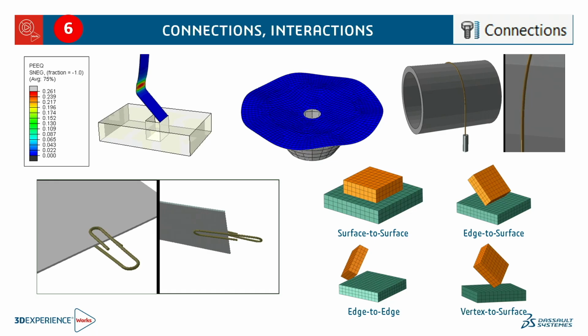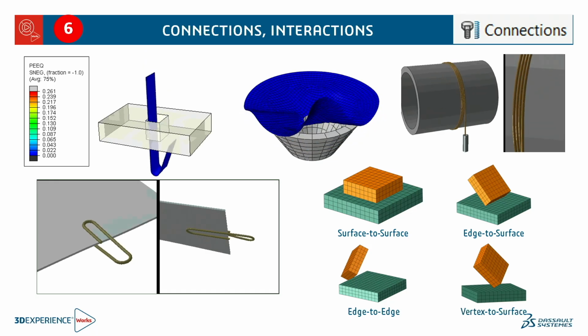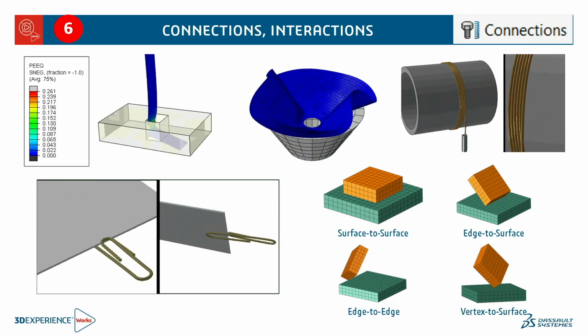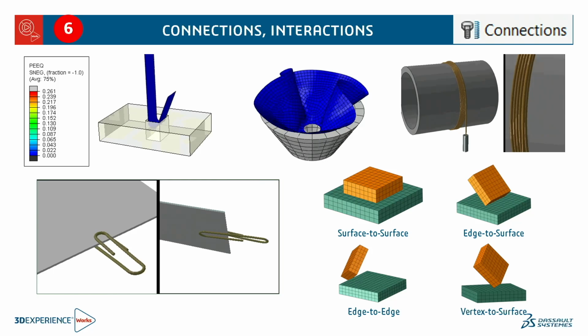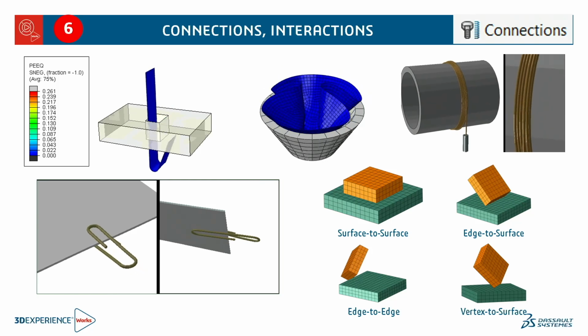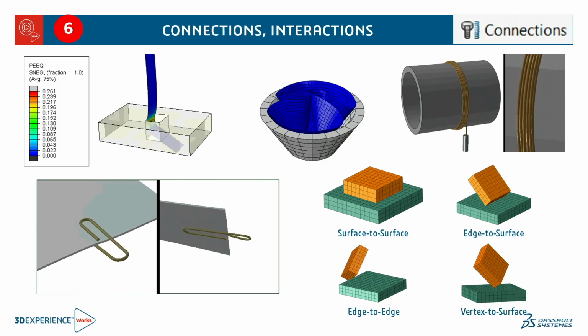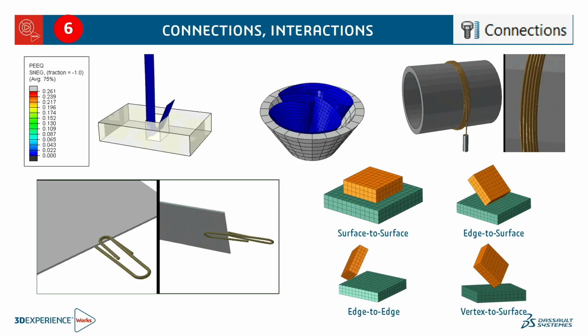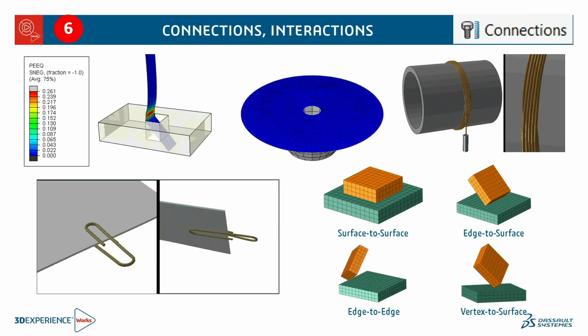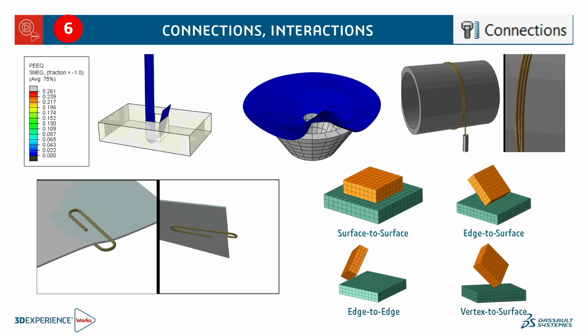The tissue is showing self-contact on the face. Here, this drum rolling, it might not be obvious because it's being shown rendered, but this is beam-to-beam contact as the wire rolls on. I don't believe SOLIDWORKS Simulation has that capability, but that is here.